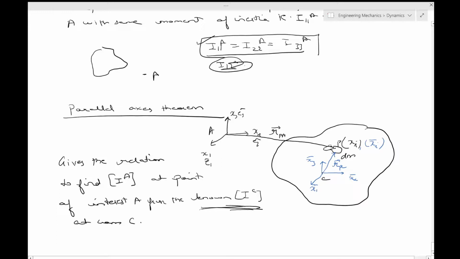And if you know that, you may want to use HA equal to I of A times omega about a point A which is not C. Then how do you proceed? You have to find I of A, and that is something you can find using this IC. So let's see how that can be done.